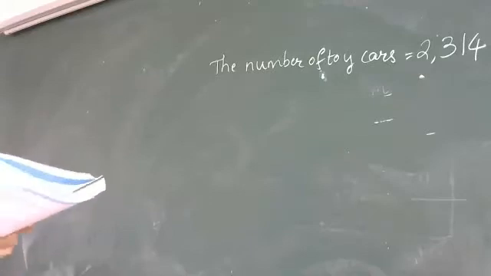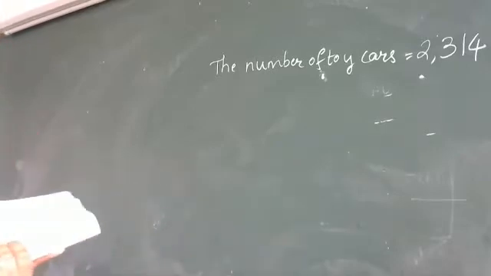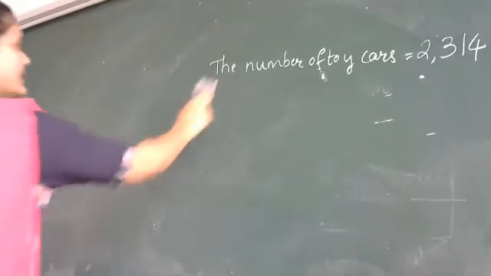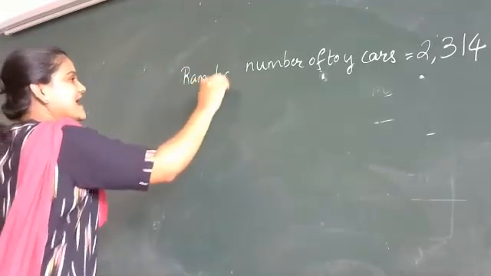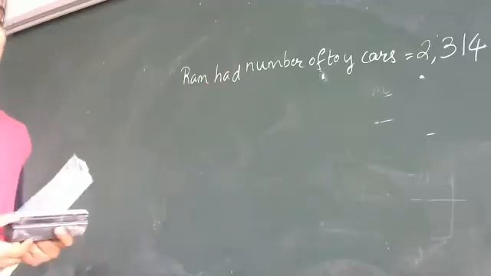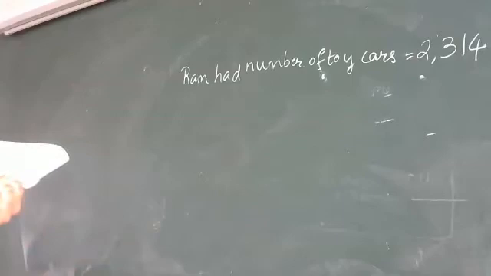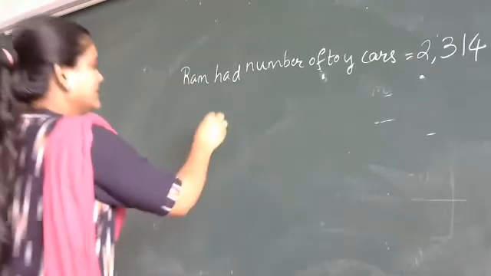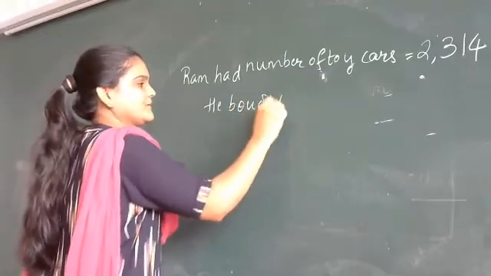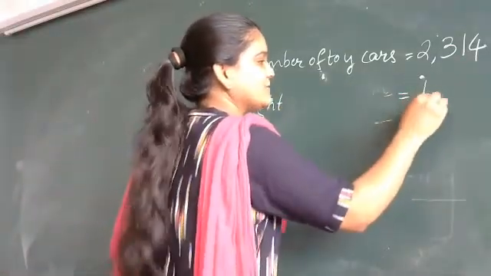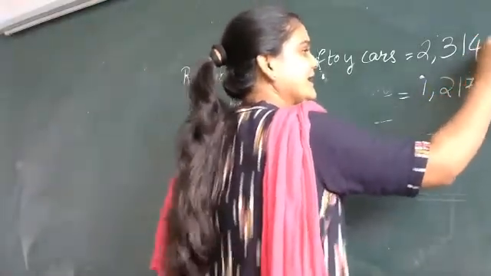Next he bought 1,217. You can write: Ram had the number of toy cars as 2,314. And next, he bought how many? 1,217 toy cars.